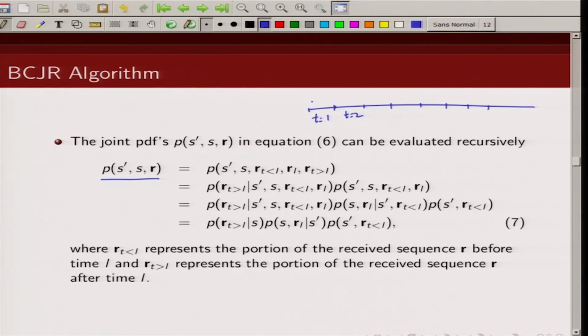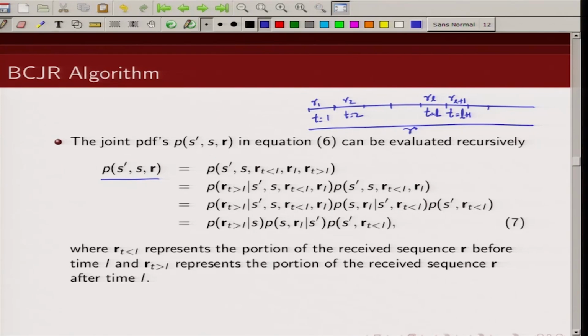Let us say I get R1, which corresponds to what I receive at time t equal to 1, R2 corresponds to what I receive at time 2, RL corresponds to what I receive at time L, and RL plus 1 is what I receive at time t equal to L plus 1, like that. So, this whole thing is my received sequence R.